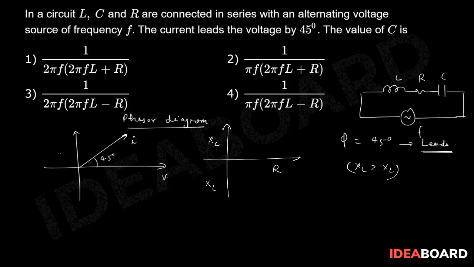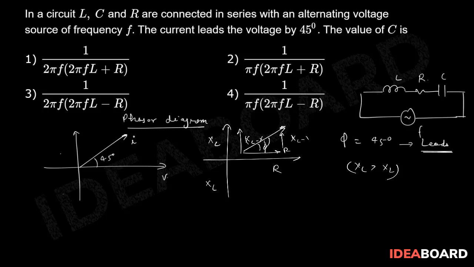And we know that if you draw the phasor diagram, XC minus XL will be like this, and this is your resistance. That means the net will be something like this, and this angle will be phi.